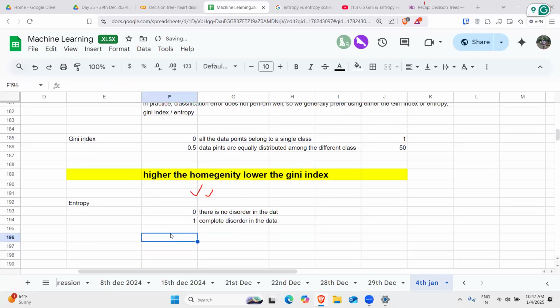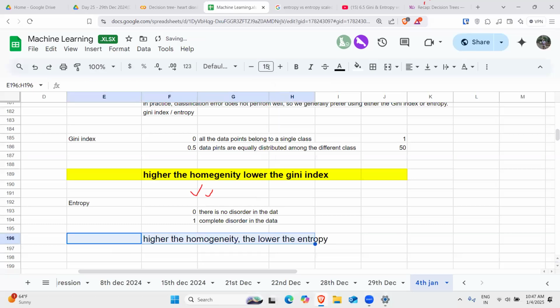Hence, like Gini index, higher the homogeneity, what will be the case? The lower will be the entropy. Higher the homogeneity, lower will be the entropy. Are you guys getting this fact now, everyone? Is it clear?